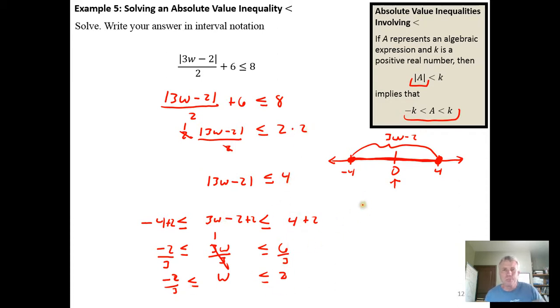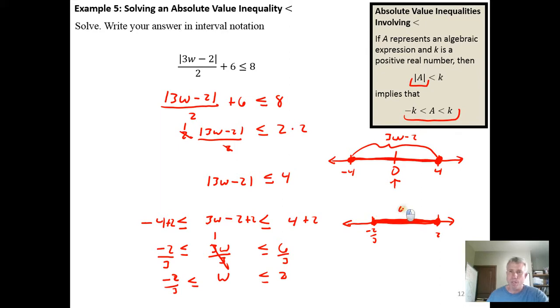So if I'm thinking about a number line, what this is saying is that for 3w minus 2 to live between negative 4 and 4, we're going to need w to live between negative 2/3 and positive 2. So on the number line, the final answer, because of the equal to symbol, I'd have solid dots. And I would just draw the line segment connecting those 2 points.